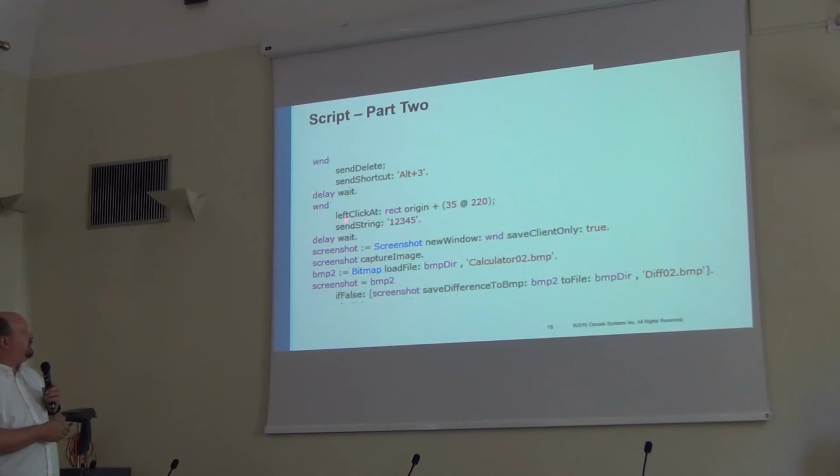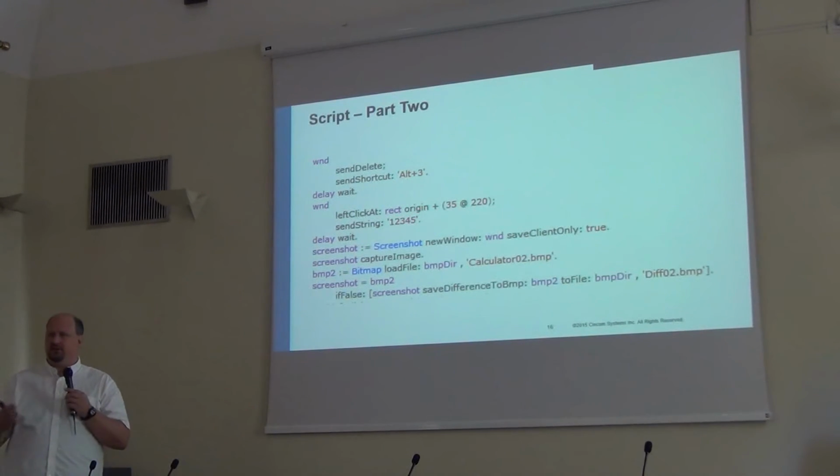Then here, I want to have a left click with, here, that's the rectangle. That's the reason why I have this rectangle in the first place. I use the origin and an offset. So the next time, the calculator might be in some totally different location, on the second screen, or wherever you like.